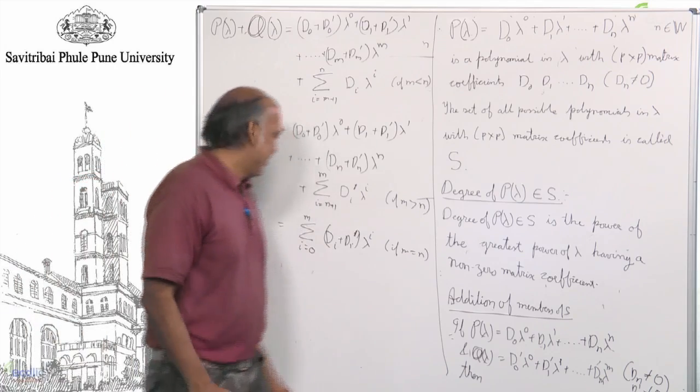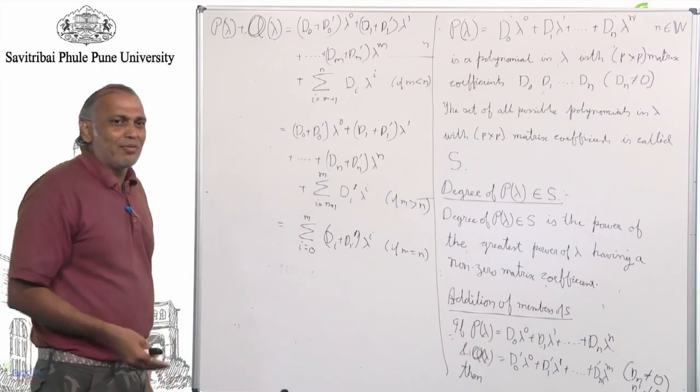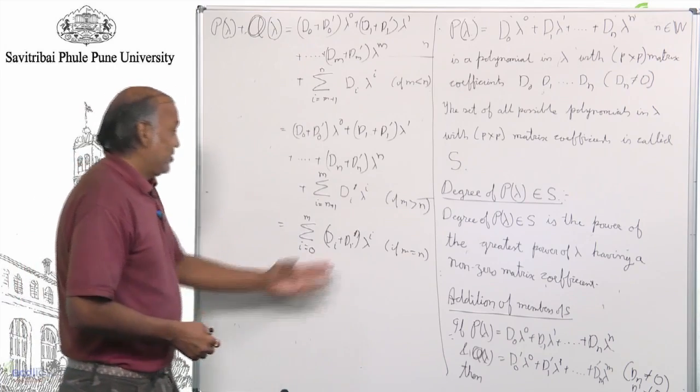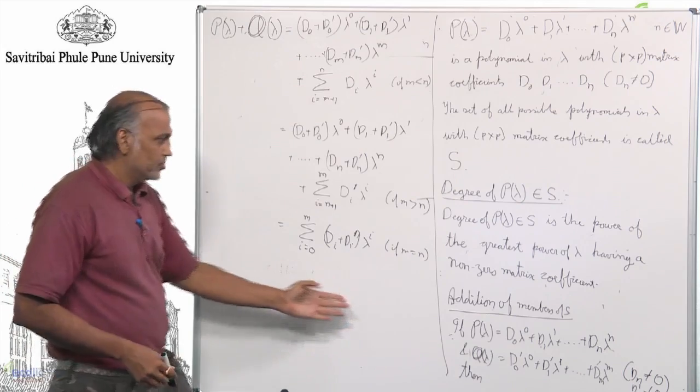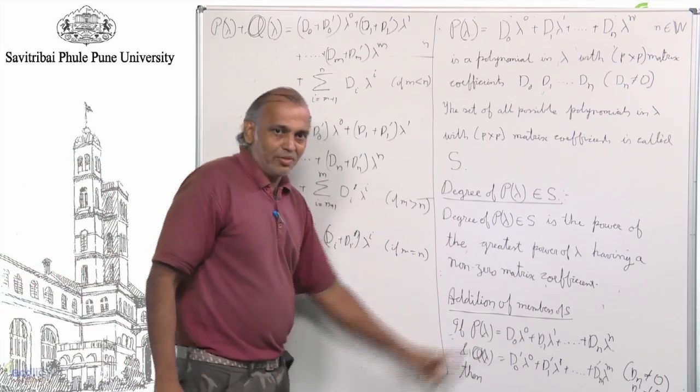Okay, so this is much like your polynomials. So the degree of the sum would be lesser than or equal to the common degree.